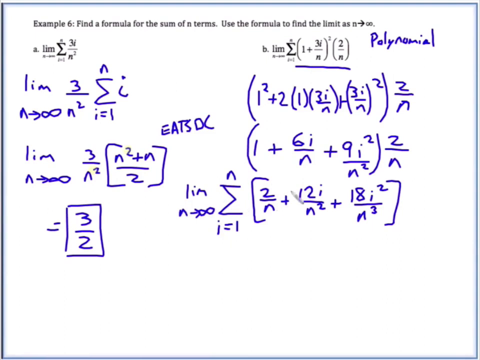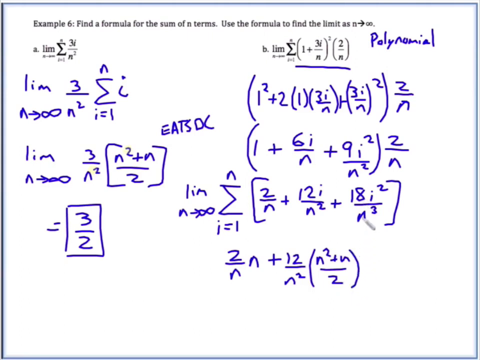Okay, so we're going to just do this all at once. We've had a little bit of practice with finding this sum. So here you can see this is just a constant, and so our formula here is just going to be 2 over n times n. Okay, here we have a constant times i, so it's going to be that constant times (n squared plus n) over 2 from our summation formula.